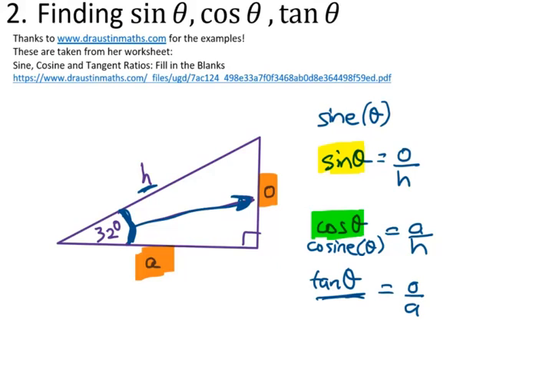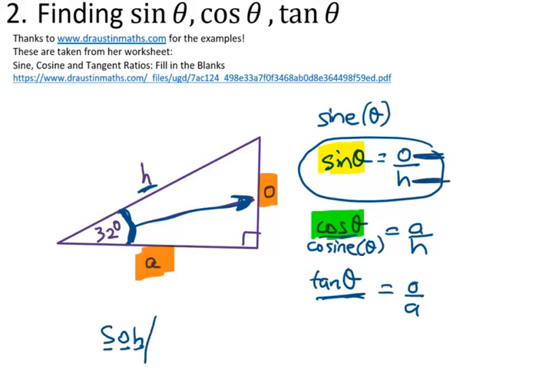And the way that we remember this is that we say sine of theta is S, opposite, hypotenuse. Cosine, C, is adjacent over hypotenuse. And lastly, tan of theta, T, is the opposite over the adjacent.